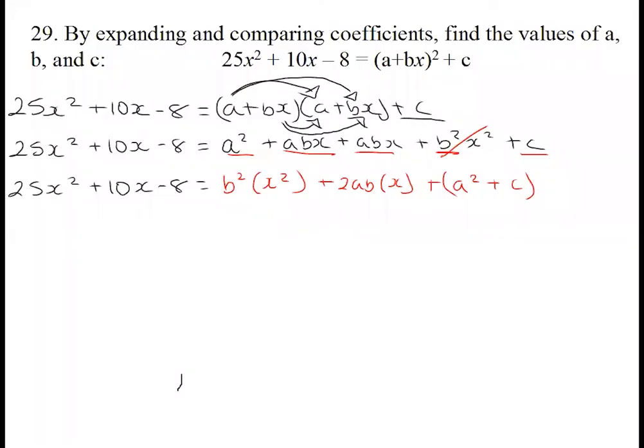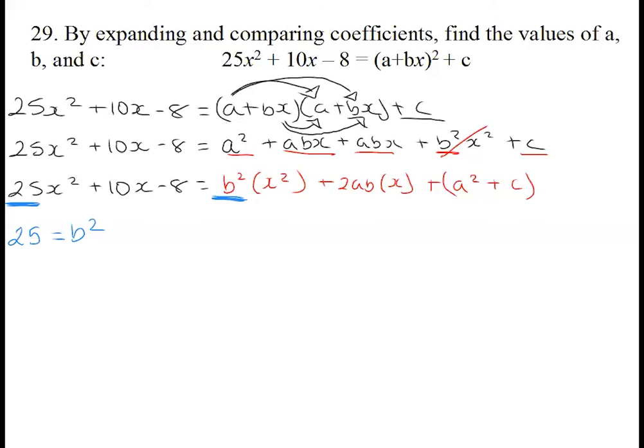So now we need to compare the coefficients in order to work out the values of a, b, and c. So let's start with the x squared. So the coefficient of x squared on the left-hand side is 25 and is b squared on the right-hand side. So 25 is equal to b squared.